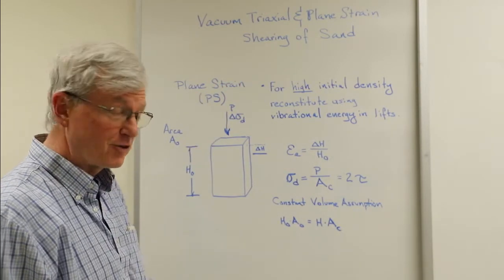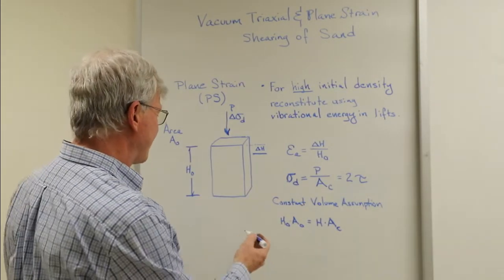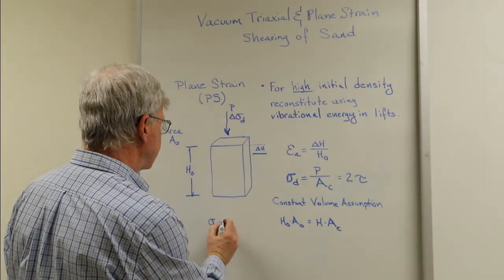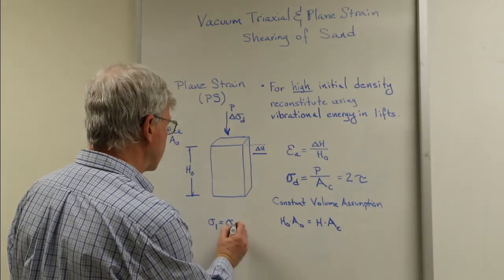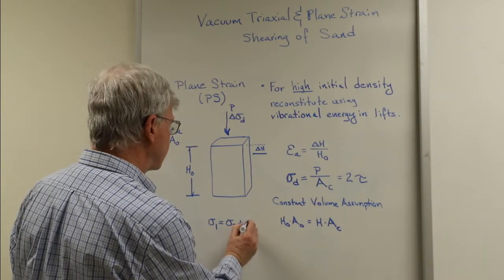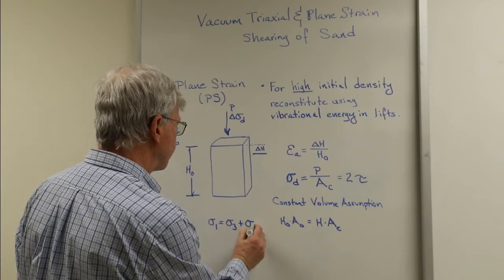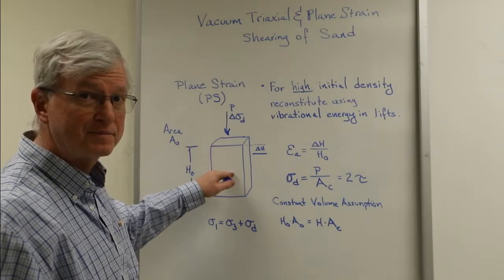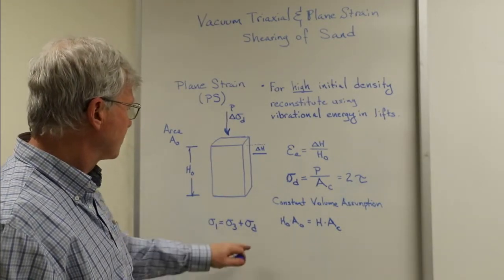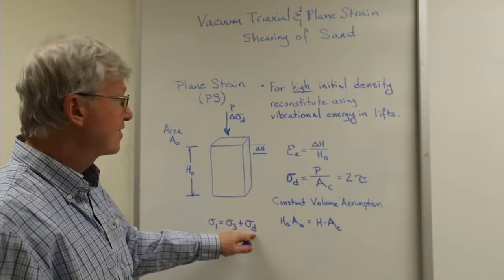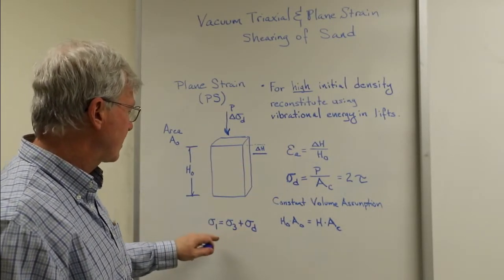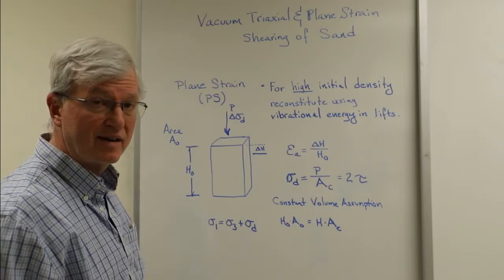It's a deviator stress. That's one reason I want to call it that. If you want to know sigma 1, that's equal to sigma 3 plus the deviator stress, right? And in this case, sigma 3 is the vacuum confinement, and we're measuring or calculating the deviator stress through what we measure, so we can figure out what sigma 1 is at any given time.